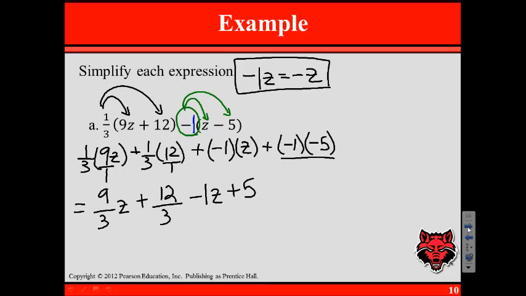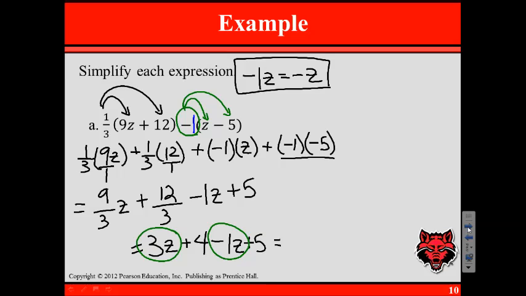Now we need to clean up a few of our terms before we can combine like terms. 9/3 reduces to 3, so we have 3z plus 12/3 is 4. So 3z plus 4 minus 1z plus 5. Here we have 2 sets of like terms. I have 3z and negative 1z.